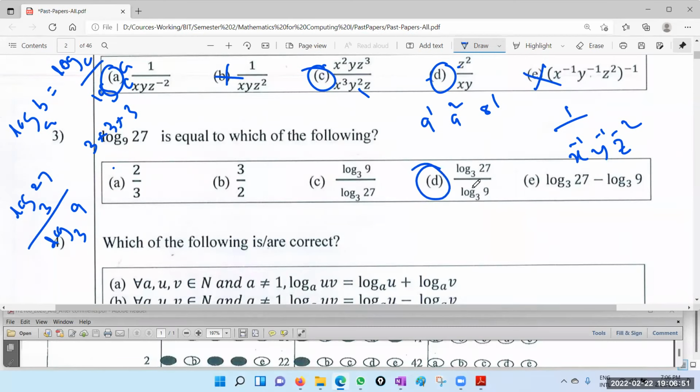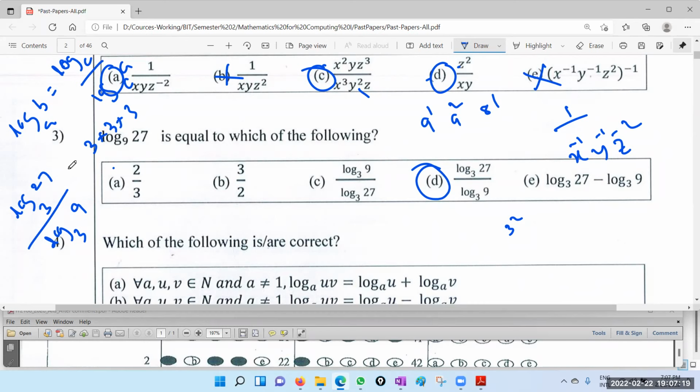Log 3 9, I can write, 9 is 3 to the power 2. So therefore this is 2. So therefore another answer is log 3 27 divided by 2. Sorry, 27 is 3 to the power 3, right? Yes. So anyway, this is an answer.